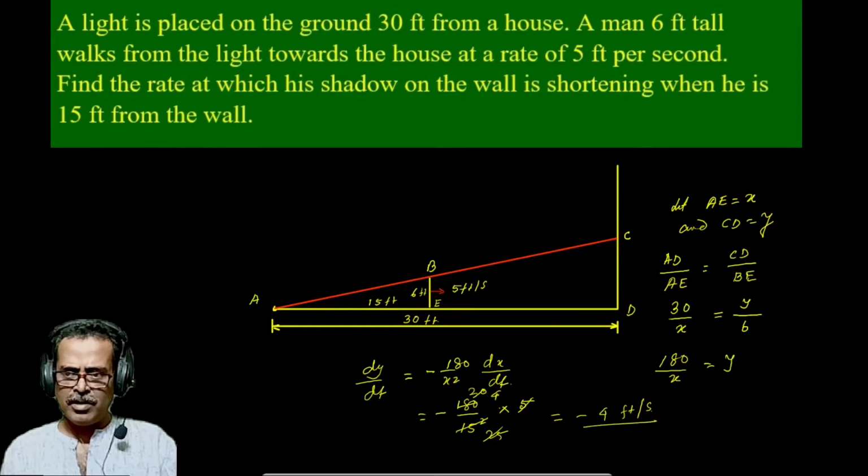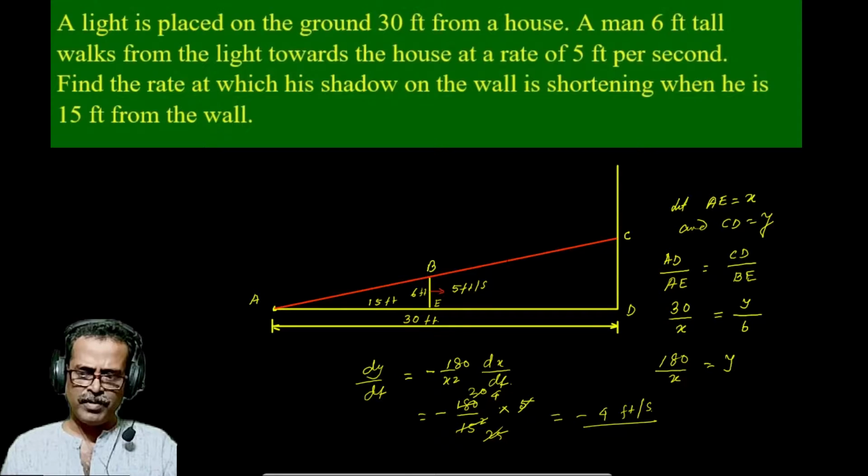Negative for shortening: the length of the shadow decreases.